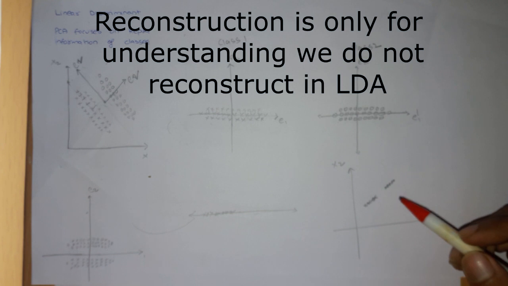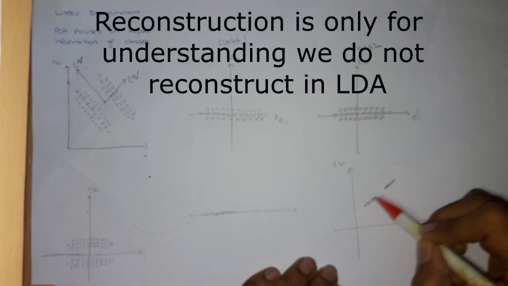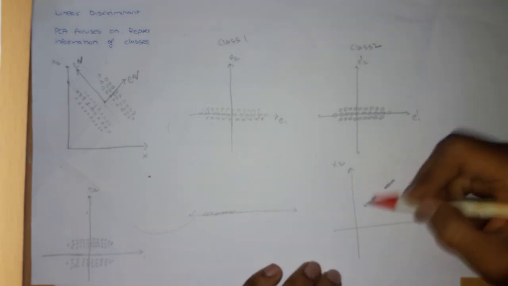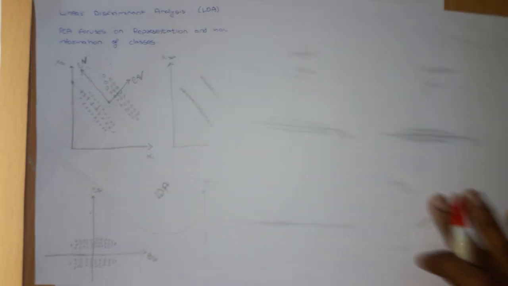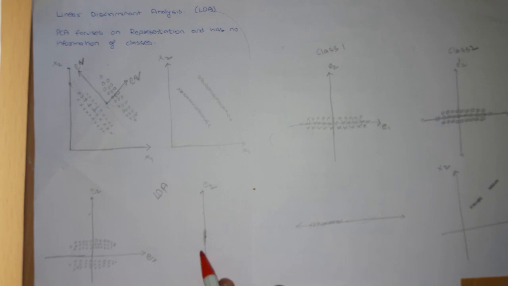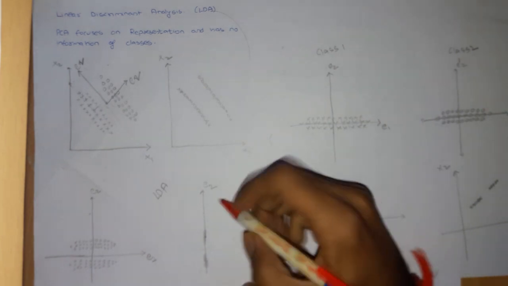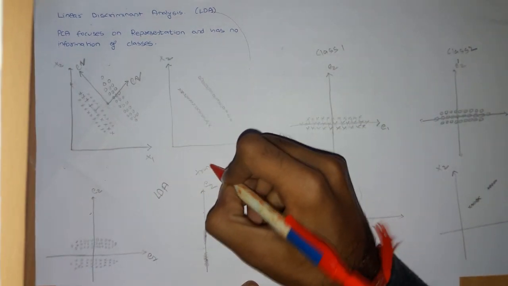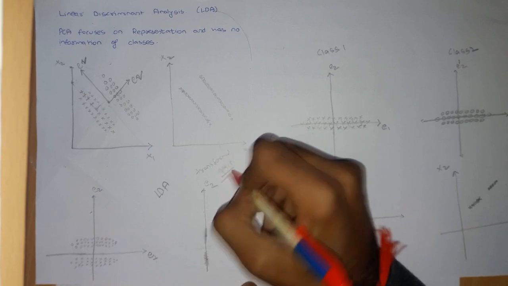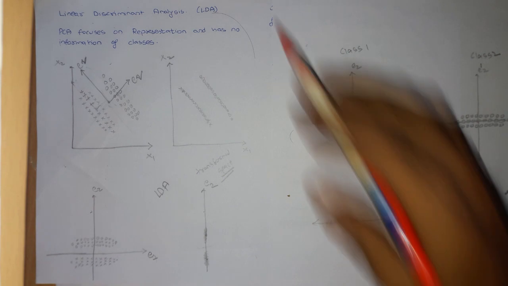So the pattern recognition point of view says as long as both of them are linearly separable or distinguishable, it is okay. You don't need to save all the data, and you also don't need to go from here to here. You can separate the data in the transformed space as well. This is the beauty of LDA.